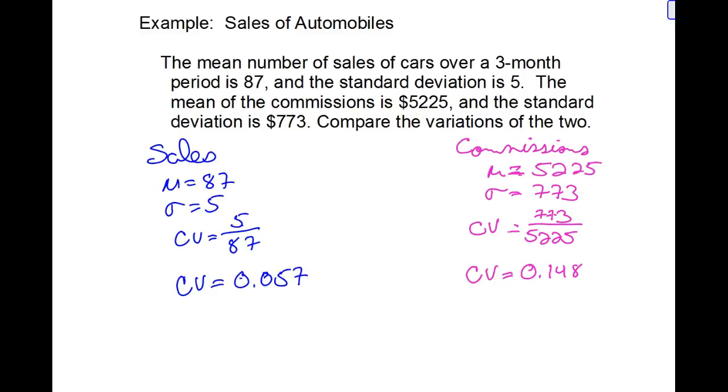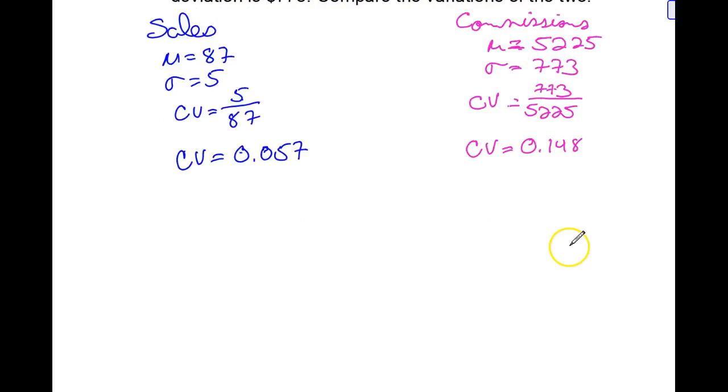Literally what we do is we look at which one's larger. In this case, the commissions has a larger coefficient of variation.